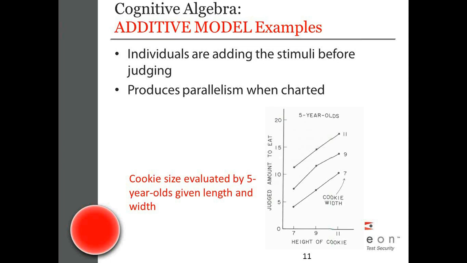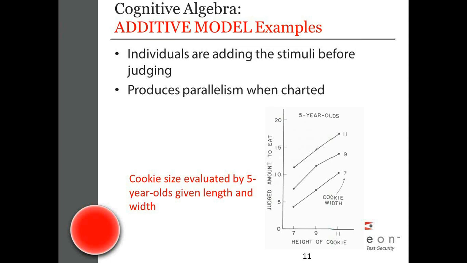Now, if you have to judge the size of a cookie, you would almost always use a multiplicative model, because that's how you determine area. And you'd probably add another dimension in as well. But what's interesting is that 5-year-olds don't do that. They use an additive model. They simply add the length and width together to get to their judgment of size, or how much there is to eat. So it's interesting.